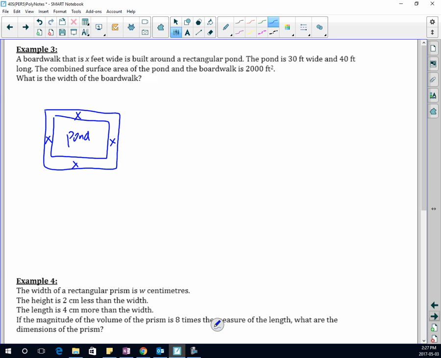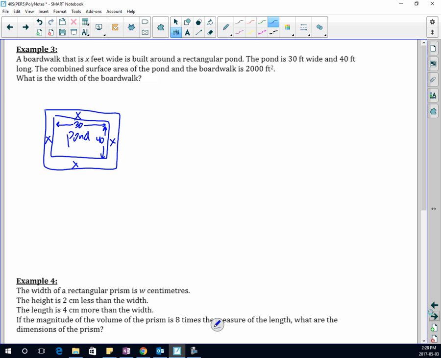That's x width. Oh, sorry, we do know that the pond is 30 feet from here to here, and this is 40 feet from here to here.